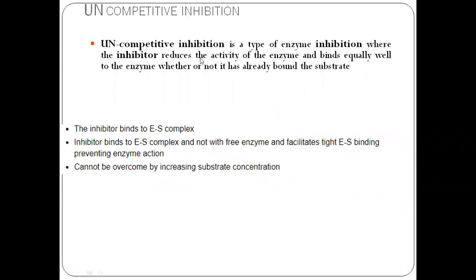Uncompetitive inhibition means even if the substrate enzyme complex is already formed, this inhibitor will not compete with the substrate. Even if the substrate enzyme complex is formed, the inhibitor goes and sits in that complex and changes the shape of the active site, thereby inhibiting the enzyme.